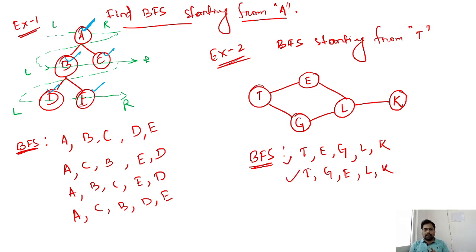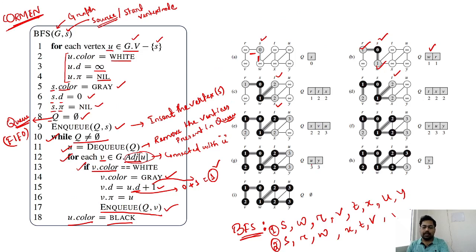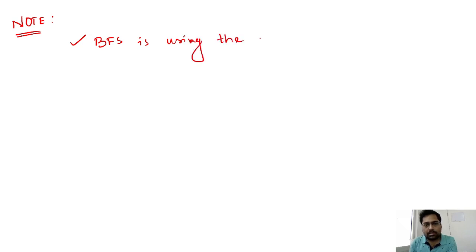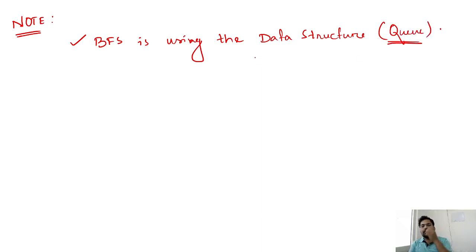So I think it's easy to understand the BFS, but before that we should know how it is running. Now we are discussing the note on BFS. BFS is using the data structure Q, a queue.